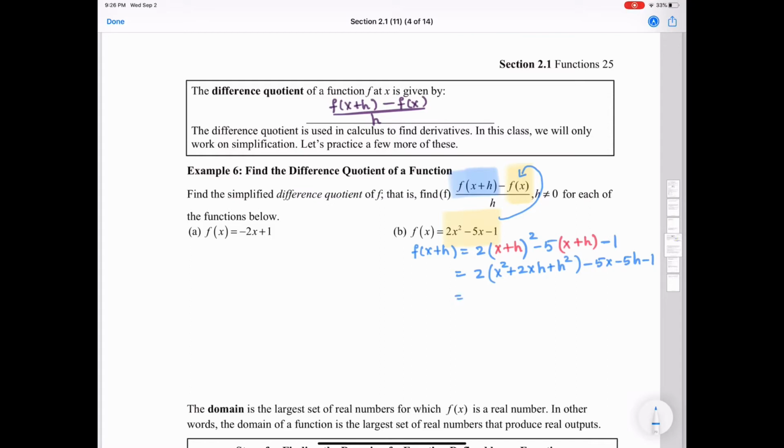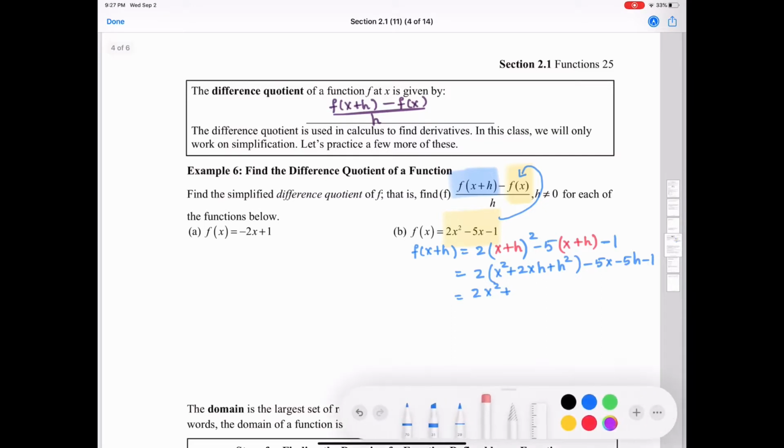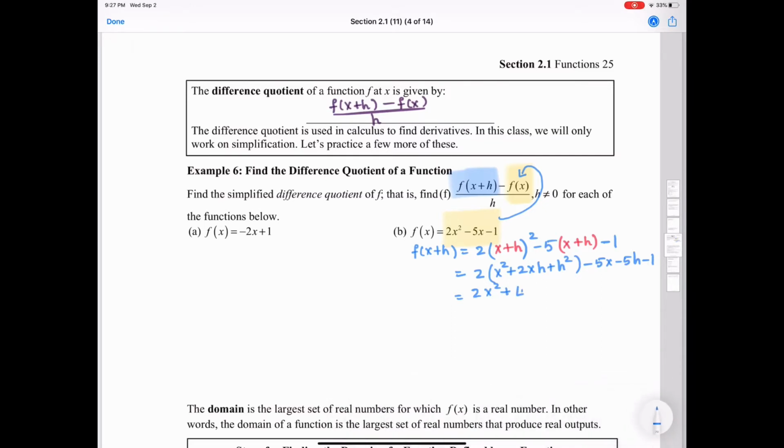Next step, I will distribute the 2. So I'll have 2x squared plus 4xh, because 2 times 2 would be 4, plus 2h squared minus 5x minus 5h minus 1.